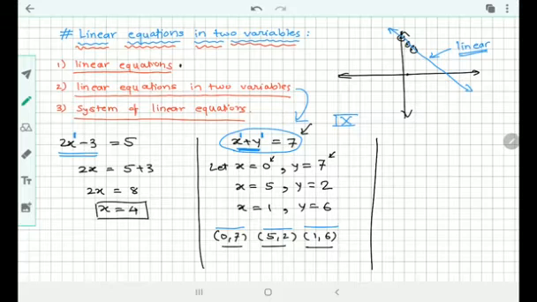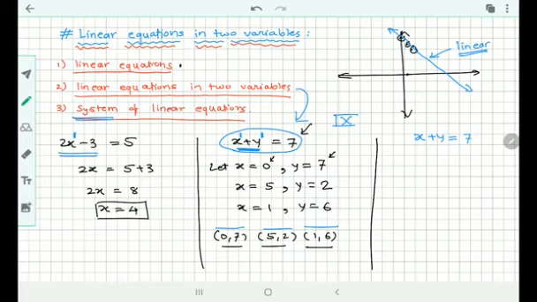And now, let us understand what is there this year for you, which is nothing but system of linear equations in two variables. What is a system of linear equations in two variables? Let us understand in short. For example, I'll take one equation which we have just seen, x plus y equals 7. How many solutions do we have for this equation?